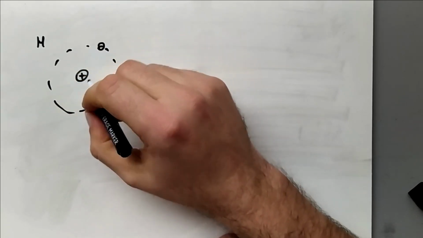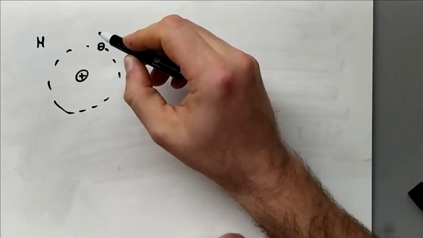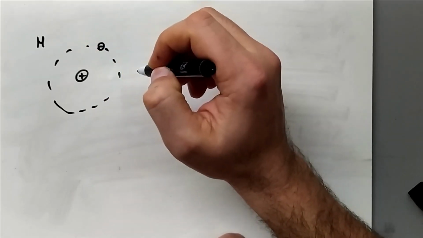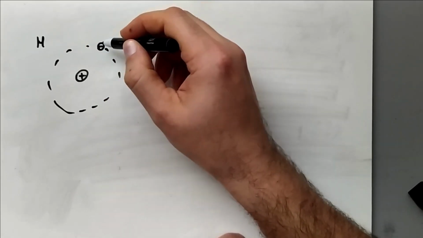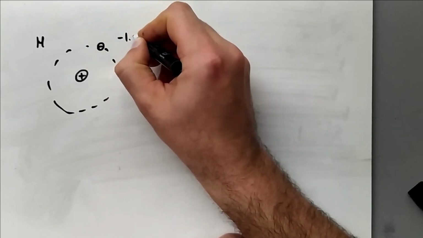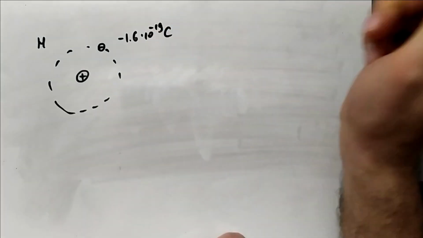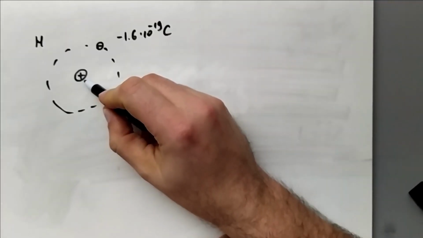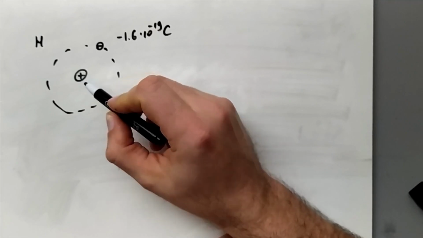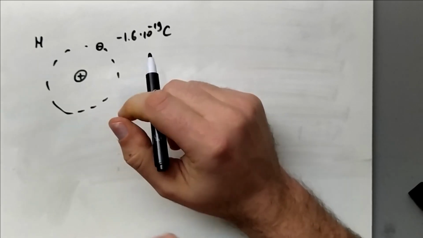So we have an electrically neutral system, an atom. The elementary charge of the electron is minus 1.6 times 10 to the minus 19 coulomb. The charge of the proton is the same, just with a different sign.